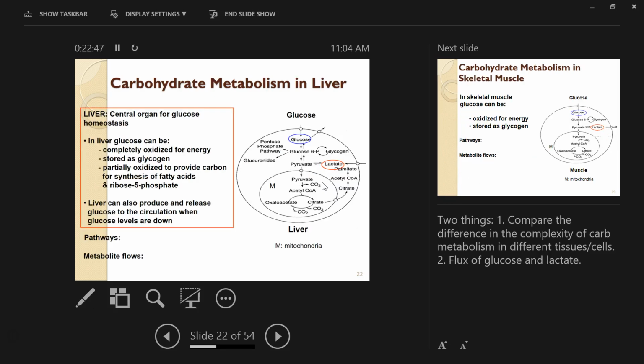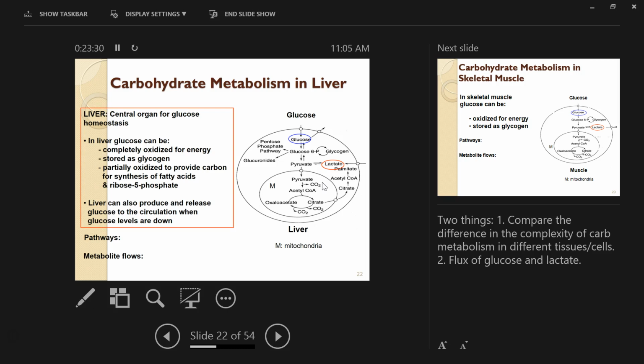Okay, so now let's talk about carbohydrate, particularly glucose metabolism in the different tissues. I mentioned earlier that different tissues metabolize glucose differently, depending on the metabolic pathway activities or the expression level of the enzymes involved. Some tissues express high levels of enzymes involved in, for example, gluconeogenesis, in the liver and the kidney, but the key enzymes of gluconeogenesis are not highly expressed in other tissues.